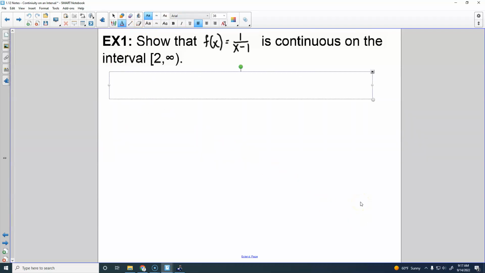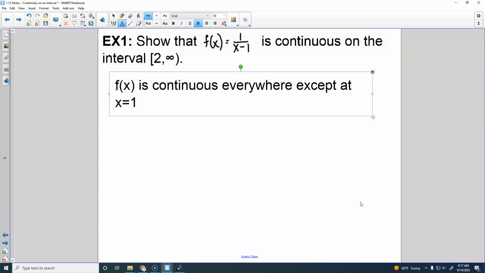Alright, so, f of x is continuous everywhere except at x equals 1. Right? Because it is a rational function. We said rational functions are continuous over their whole domain except for at the places where the domain is restricted, right?